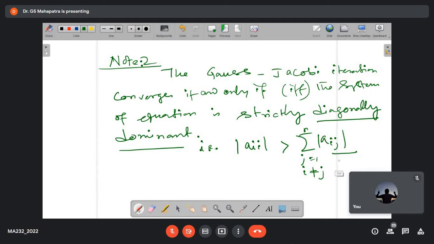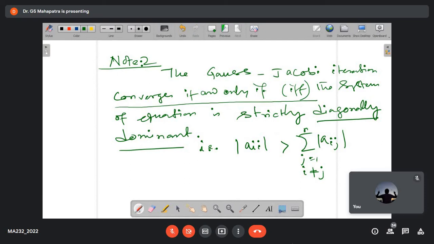If you consider equals to, then it is diagonally dominant, correct? So now this is the convergence criteria: converges if and only if, here it is strictly greater than. Fine. So these are the two notes for these two iterative methods.